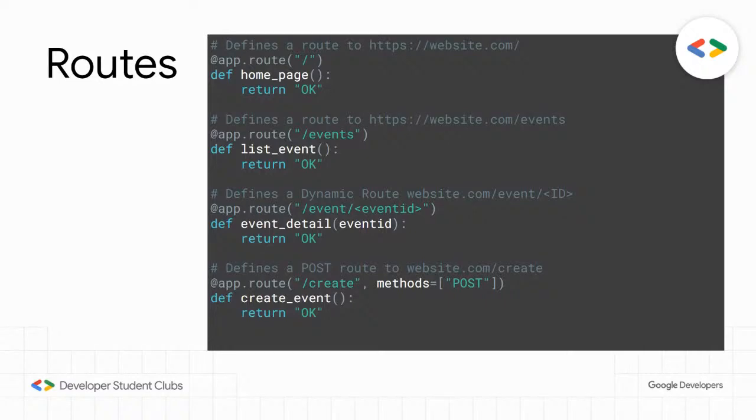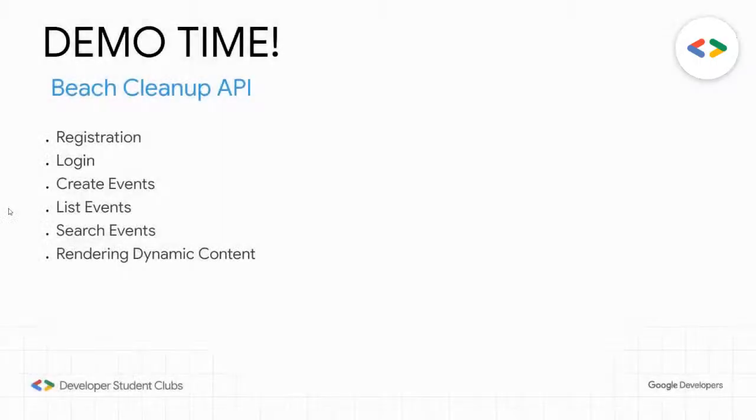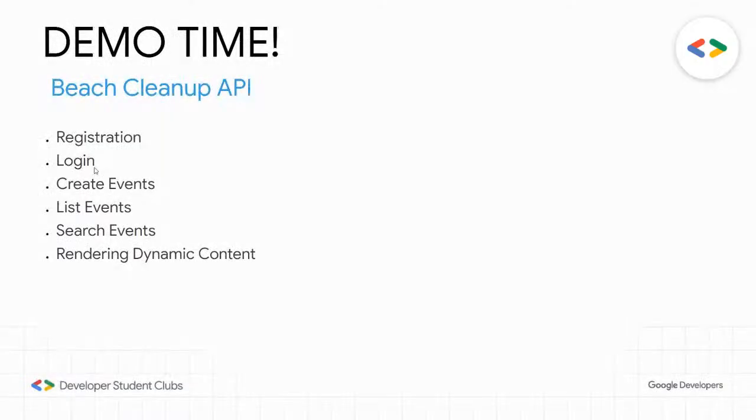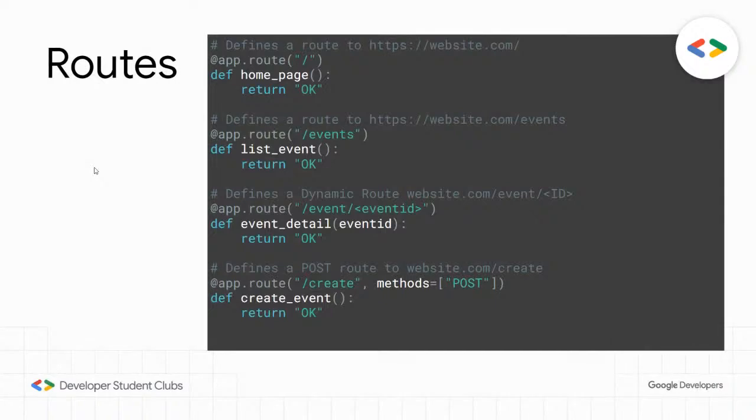Then the third one, I want you to pay close attention to it because this one is a dynamic route and it's going to be very important for our demo today about APIs. So it's defining a route to website.com/event, and then it has the angle brackets and a variable called event ID.